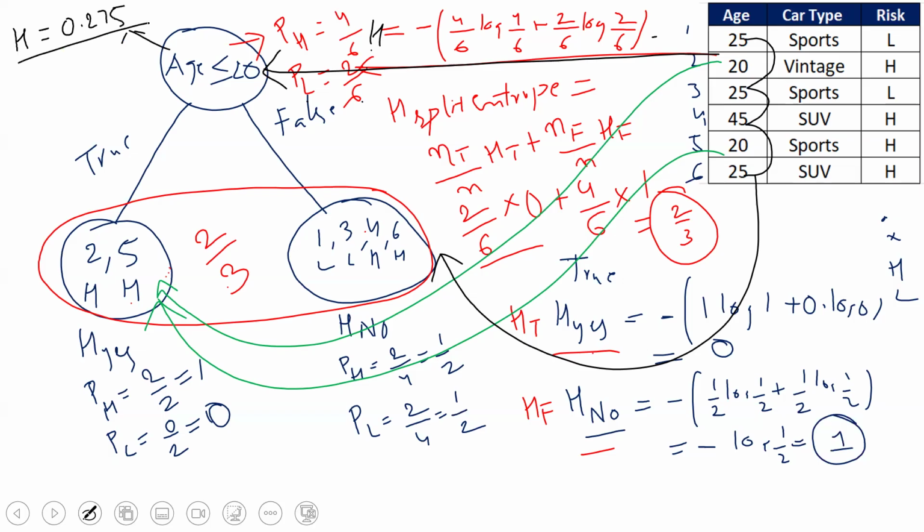This is the entropy at the root node, and the split entropy, the calculated value of this, is 2 by 3.